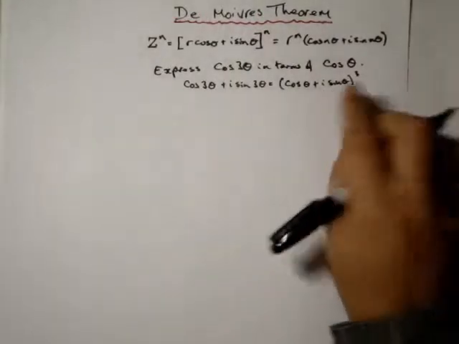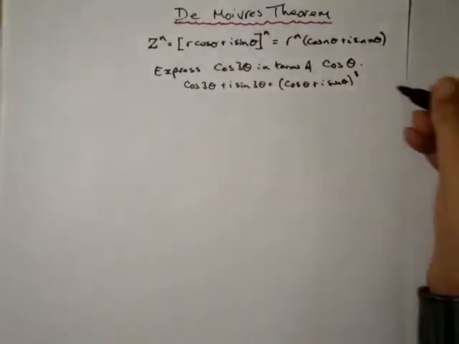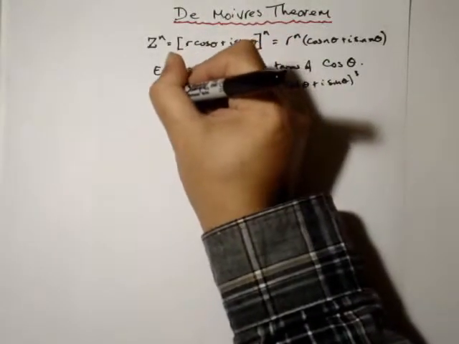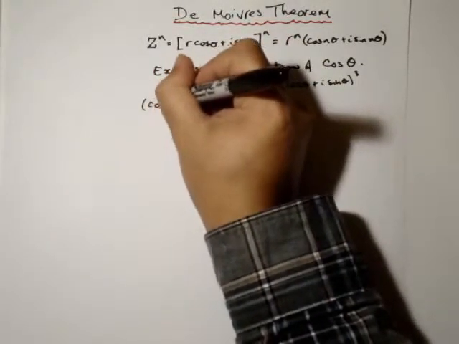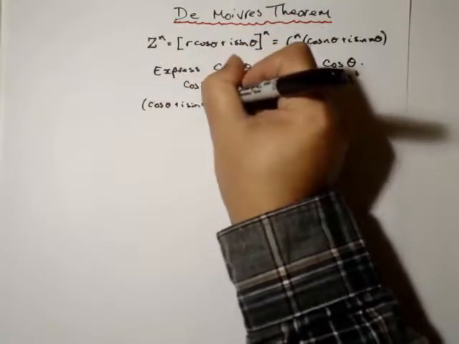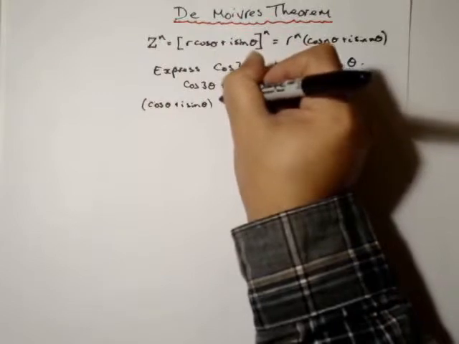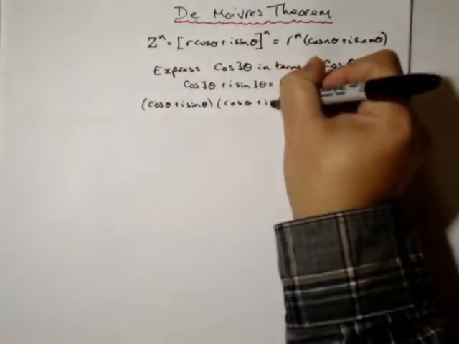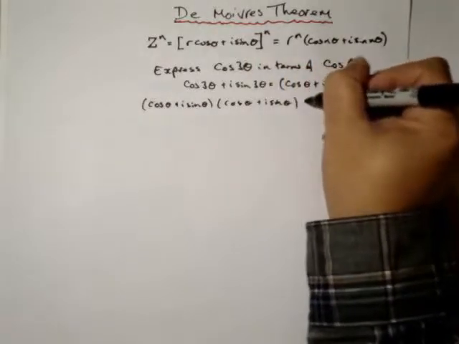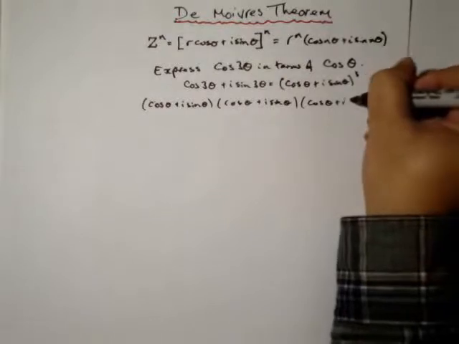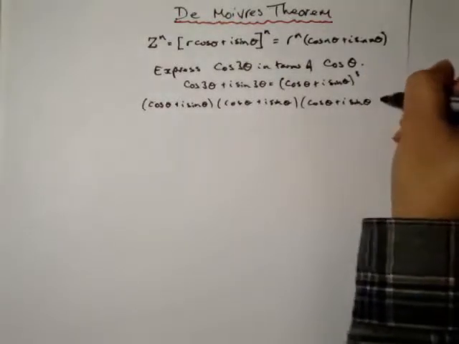So let's take this side and do an expansion. This would be nothing but cos theta plus i sine theta multiplied by cos theta plus i sine theta multiplied by cos theta plus i sine theta.